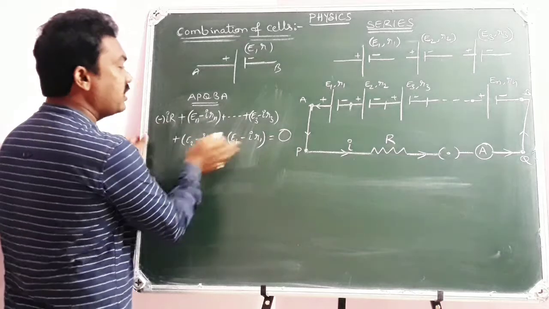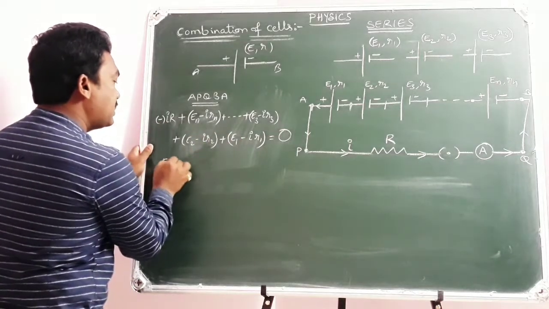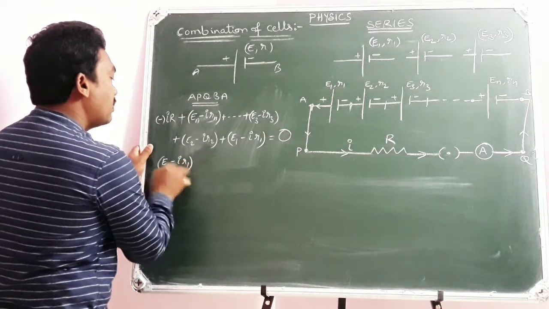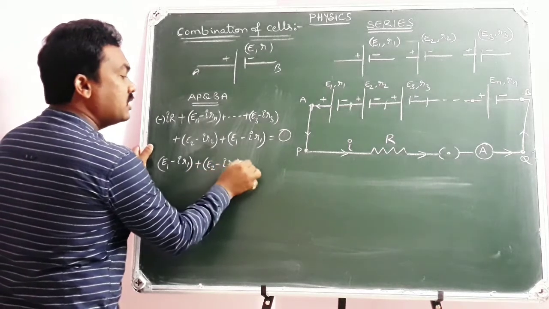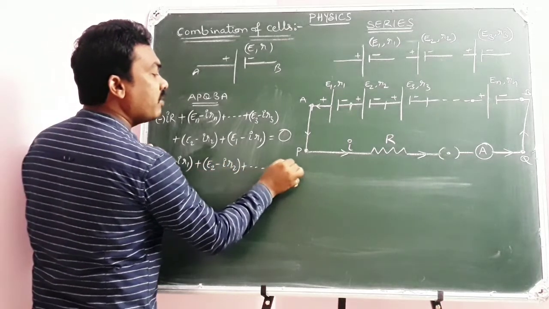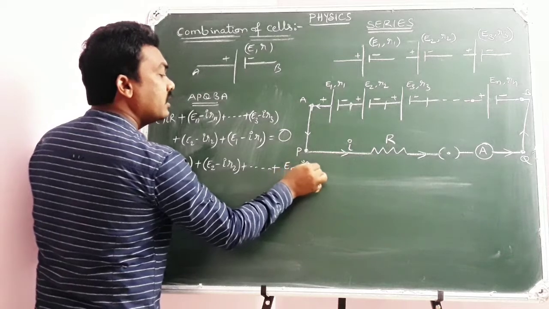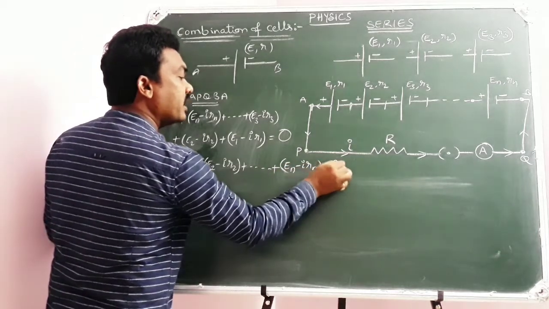So if you are going to rewrite this equation, E1 minus IR1 plus E2 minus IR2 and so on, En minus IRn is equal to IR.